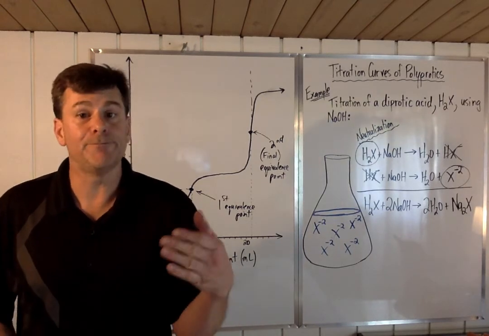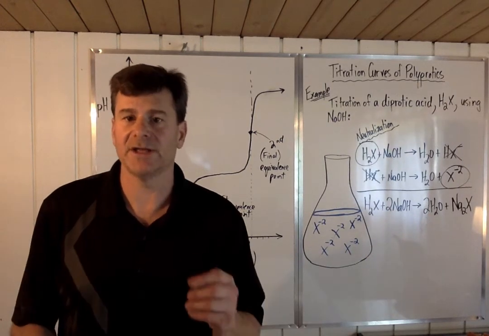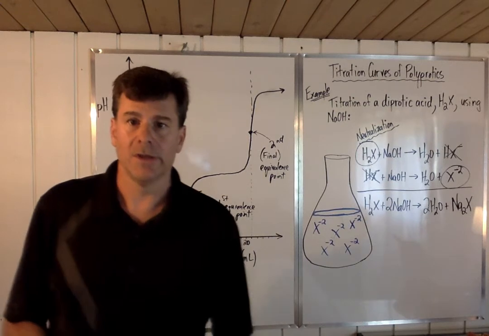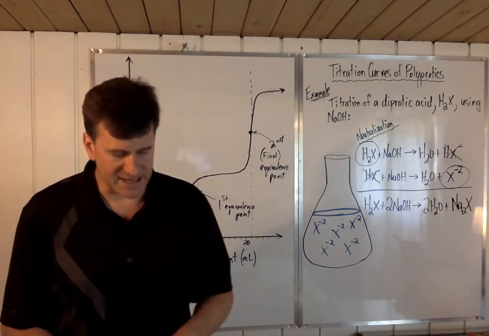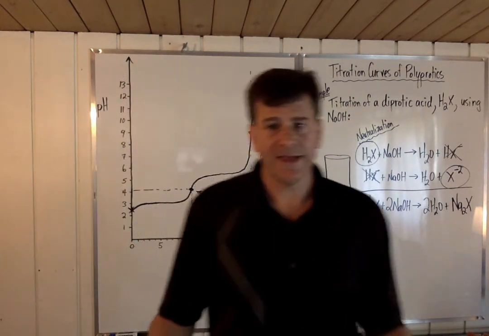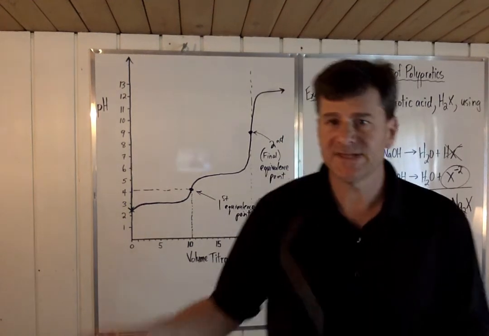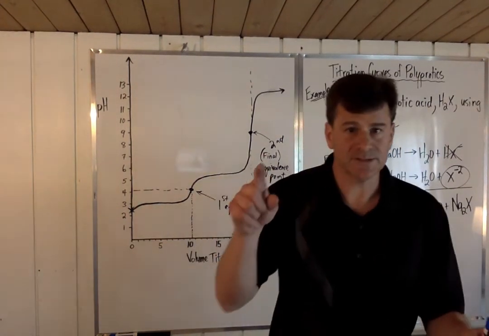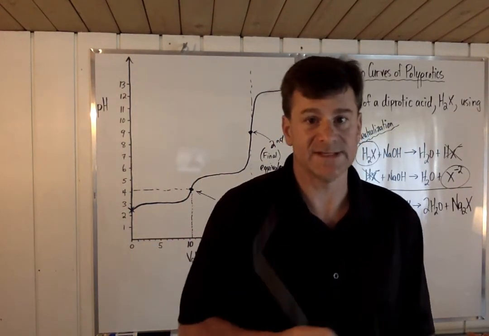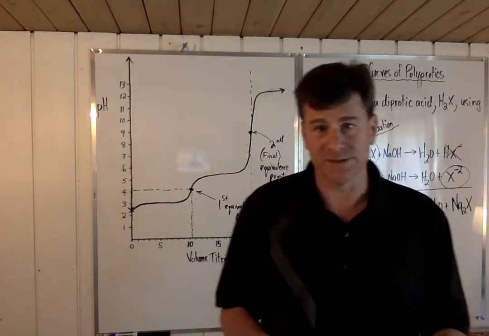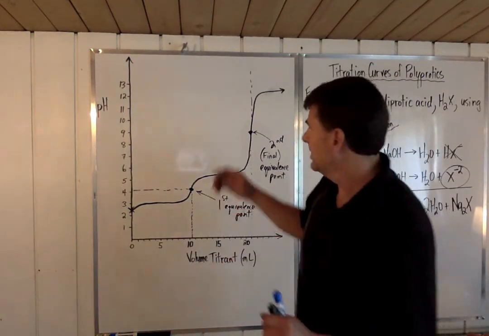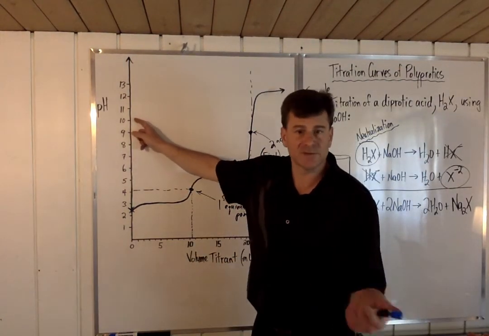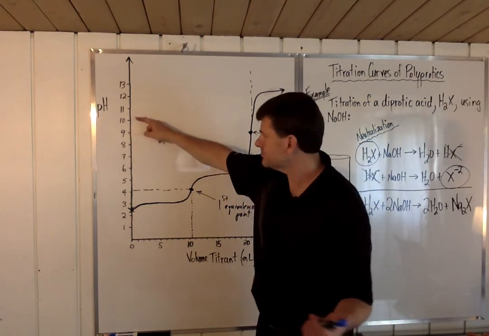Now, if this was a base, let's say I was titrating CO3 negative 2 using a strong acid, what you would have seen is something very, very similar. You would have seen 2 steps, but they would have been downward steps. Rather than a staircase going upwards, this would be a downward step. It would have started up here somewhere, because CO3 negative 2 is a base.